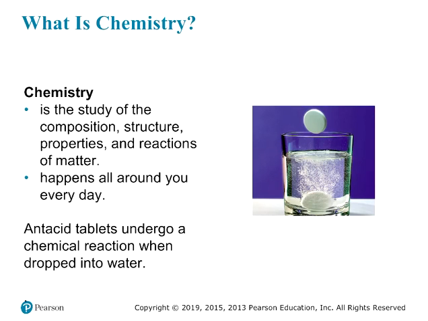So if we want to define chemistry, chemistry is the study of the composition, structure, properties, and reactions of matter. And chemistry really does happen all around us every day. So we just saw the example of hemoglobin, which will interact with oxygen.